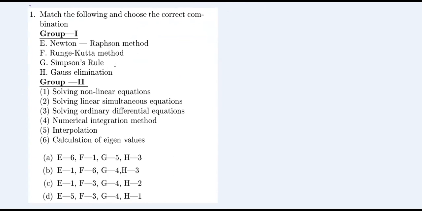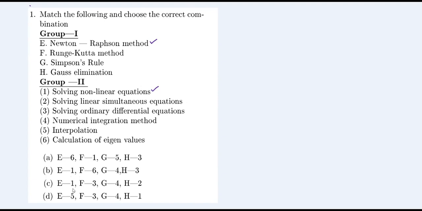So solving nonlinear equations, solving linear simultaneous equations? No, for linear simultaneous equations we use matrix methods. Solving ordinary differential equations, numerical integration, interpolation, calculation of eigenvalues, no. So this Newton-Raphson method E matches with solving nonlinear equations. So E maps to 1.